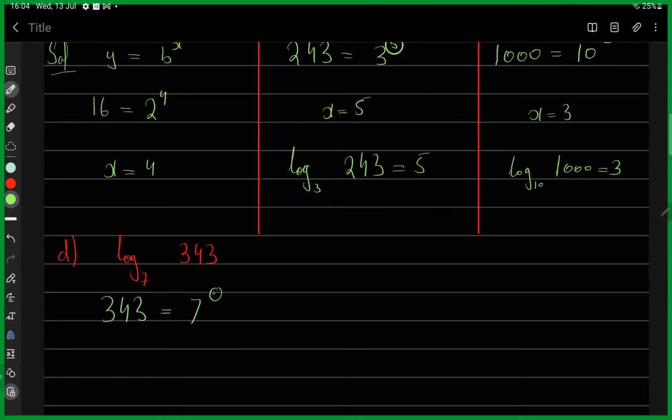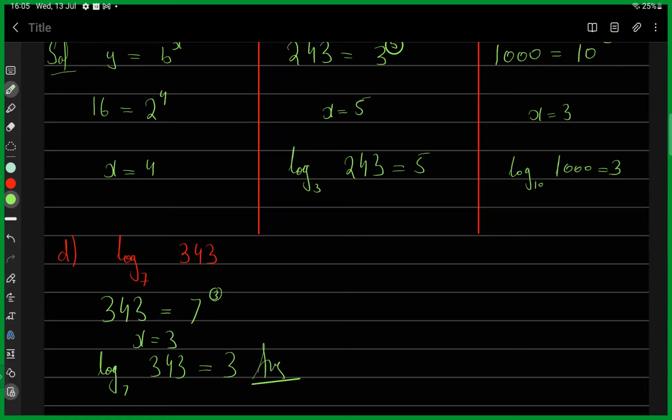So it would be 7 power 3. So this means that x is equal to 3. So this means that log base 7 of 343 is equal to 3. This is going to be the answer. Okay. So I assume that things would be getting better.